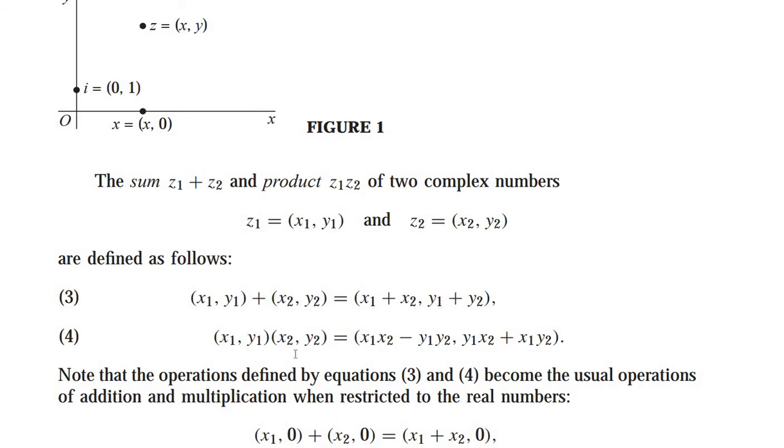Now we want to learn how we multiply complex numbers. The multiplication is simple. First we multiply x1 by x2, and then minus y1 y2, and after that we multiply x1 by y2 plus y1 times x2.